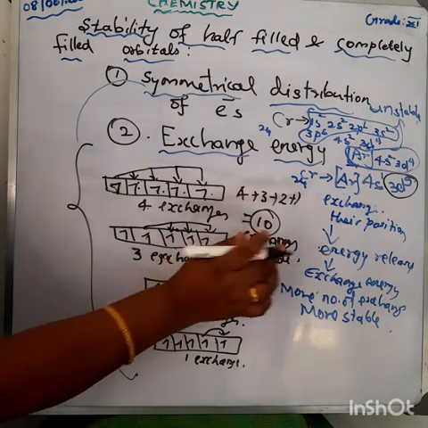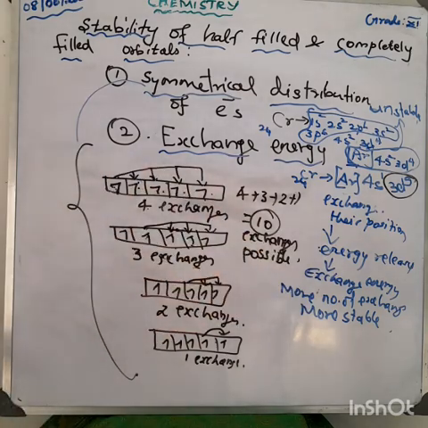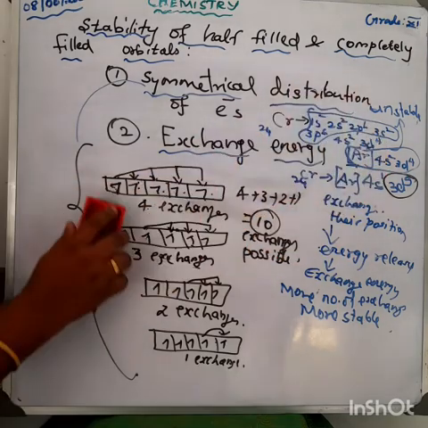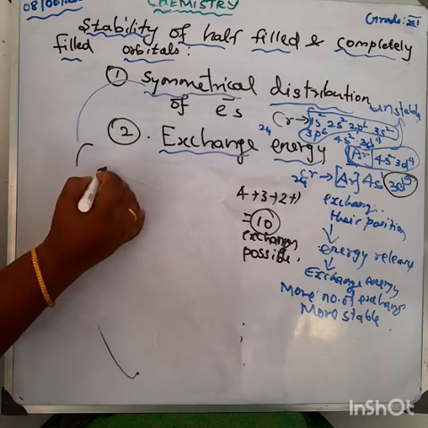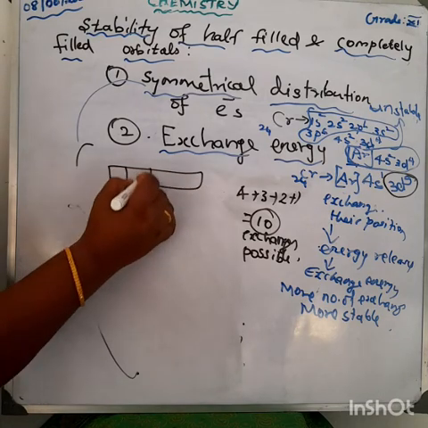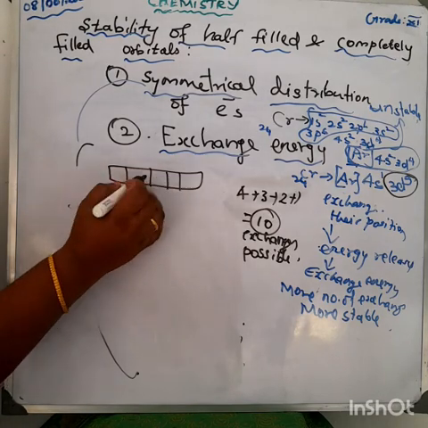So it can release more energy. Suppose I take the partially filled 3d4 configuration. This is the d orbital. How many electrons are there? Totally 4 electrons in the d orbital.